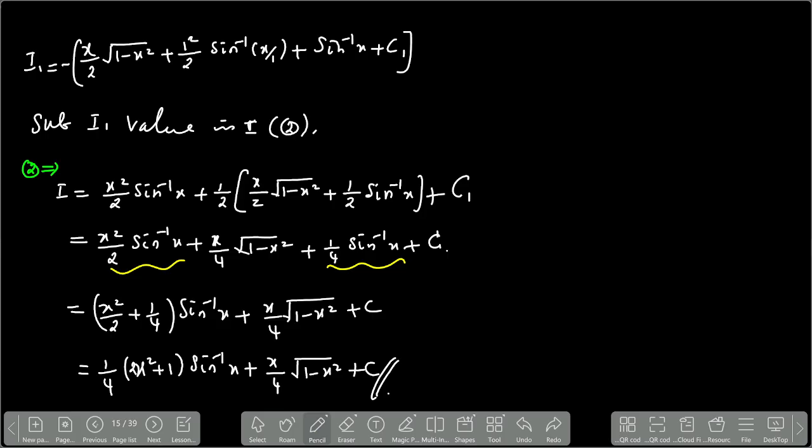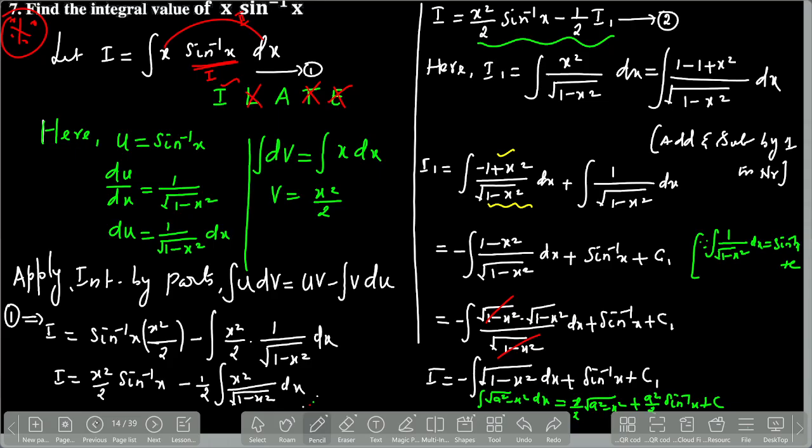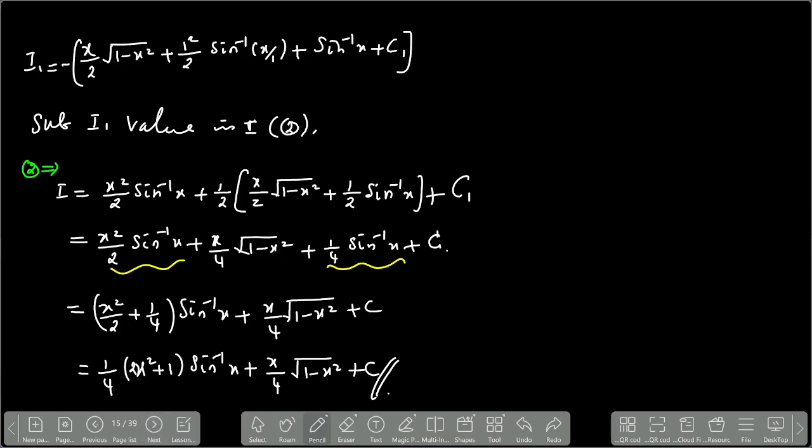Oh, only this term. Yes, thank you, you are correct. The minus should not be common for all terms, only for this term. So the minus should come here, and here also it is minus.